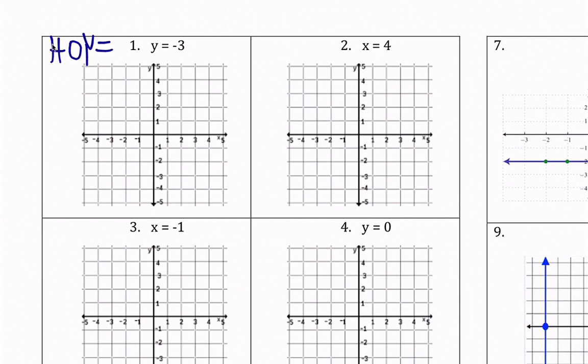So I know it's going to be a horizontal line, and I need to go on the y-axis at -3 and put a dot. So now that I have my dot where y is -3, I need to draw a horizontal line through that point. Oops, that's ugly.